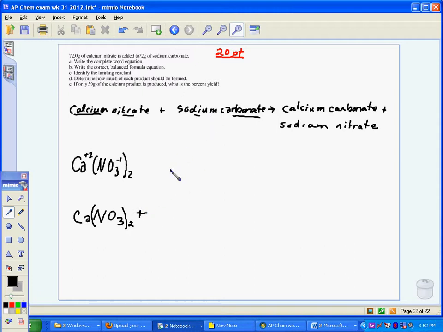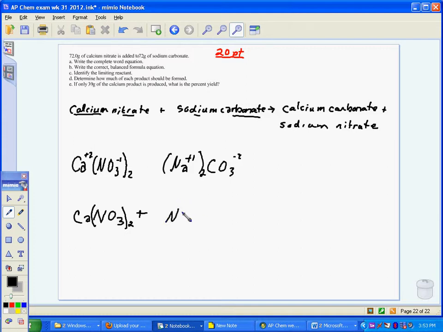Sodium carbonate. Sodium has a +1 charge. Carbonate, -2 charge. So it's going to take 2 of these. 2 times 1 is 2 to give me an overall positive that'll cancel out that -2.